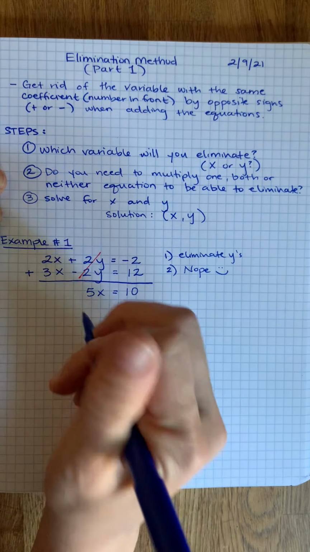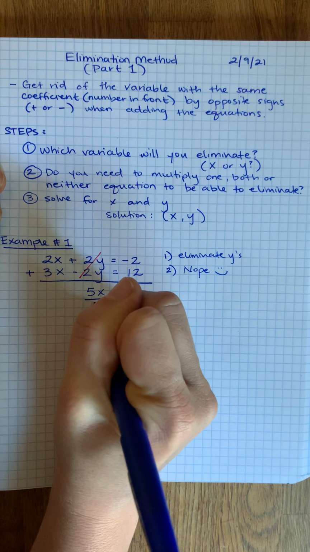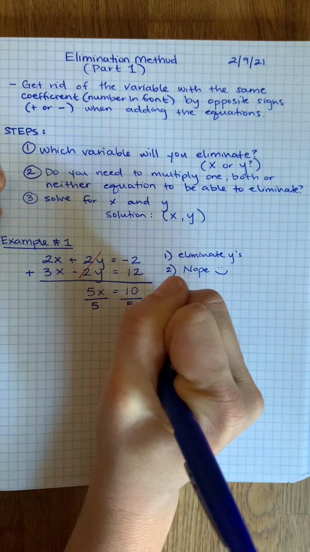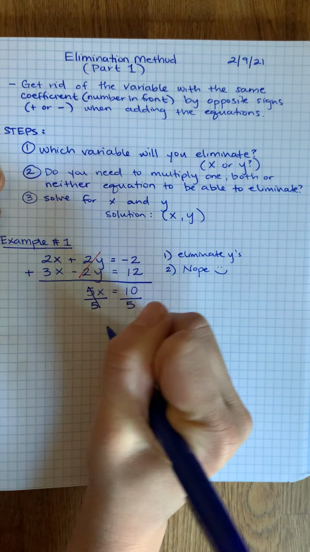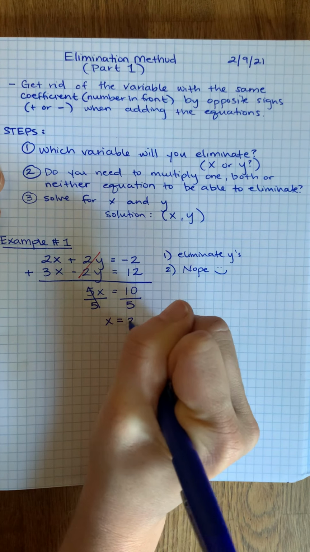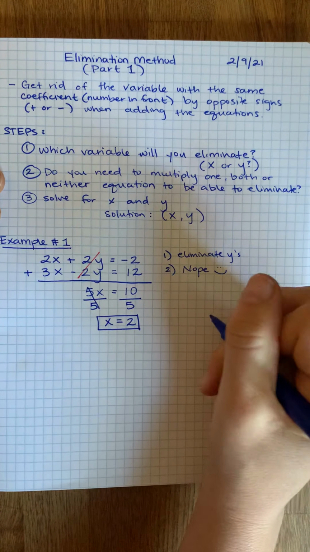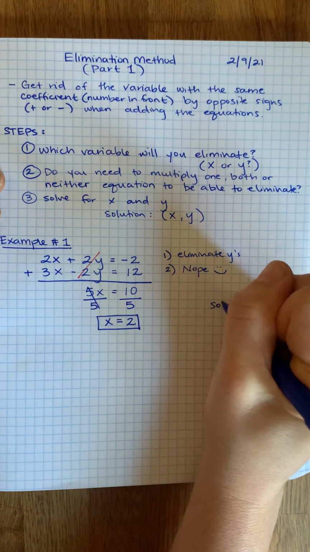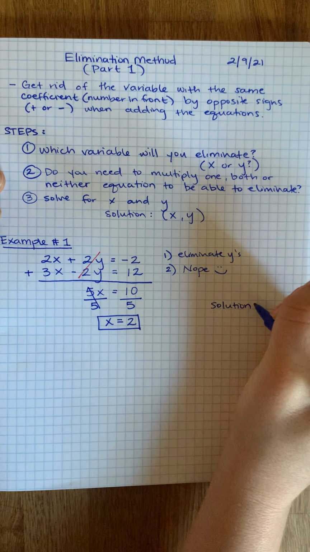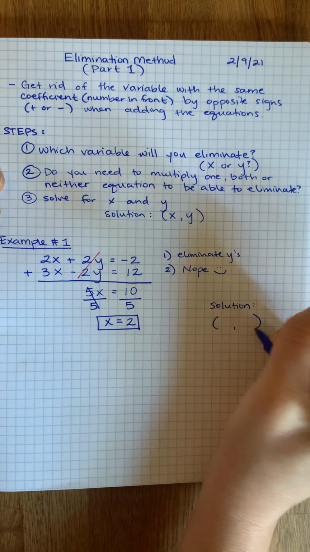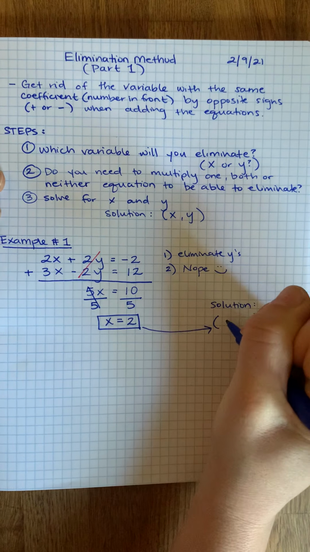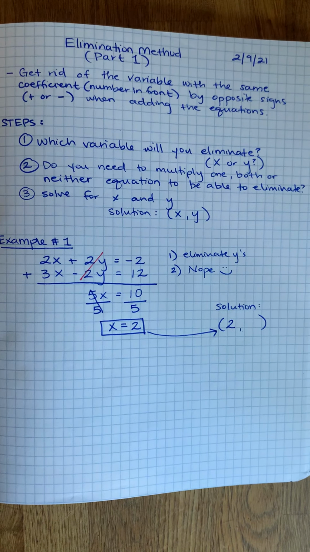Okay, then I want to solve for x. So to get x all by itself, I'm going to divide both sides by 5. And we are left with x equals 2. So in my solution, I know that 2 is my x value.